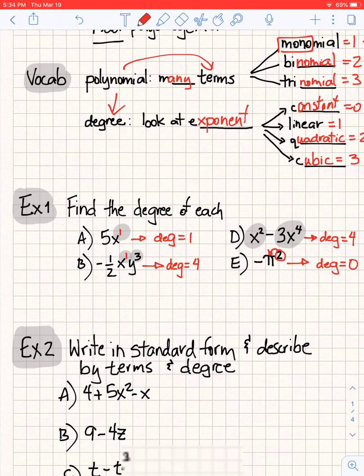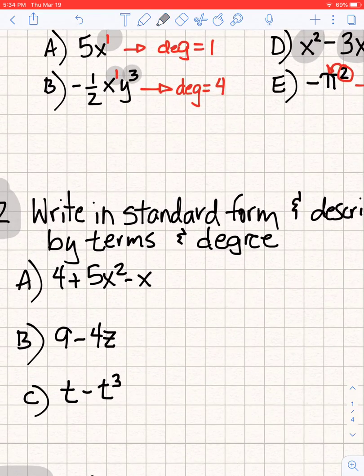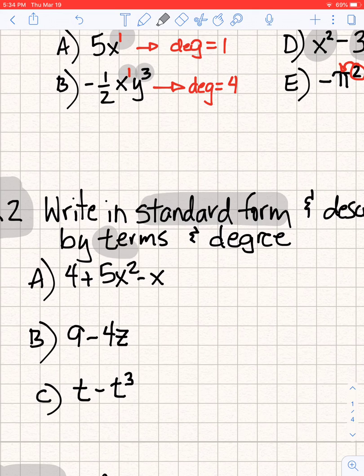All right. Example 2. We're going to write them in standard form. That's an important piece of information. And then we need to describe by both terms and degree. All right, example number 1. Standard form means that we look at the 3 terms, and whichever one has the highest power, that is what we write first, and then we write them down in descending order.